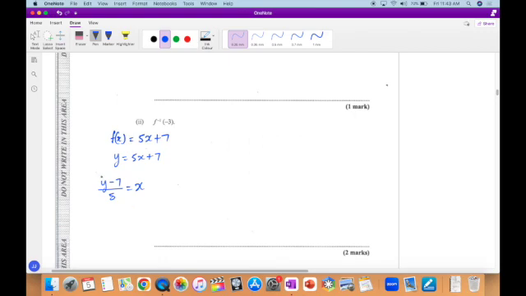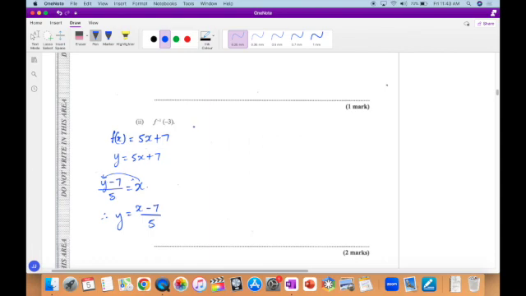And so now we literally swap x and y, so therefore y is equal to x minus 7 divided by 5. I literally just took x and put it there, and took the y and put it here. So y is equal to x minus 7 over 5.